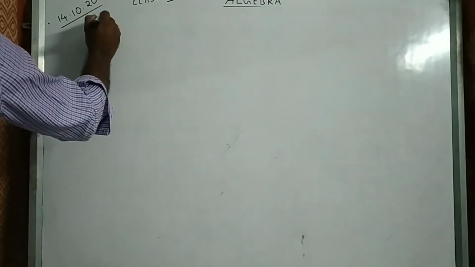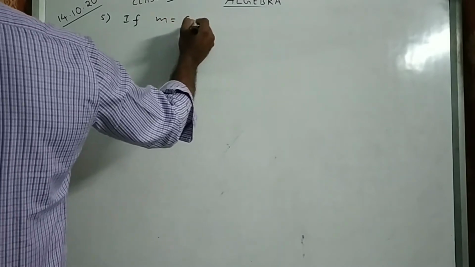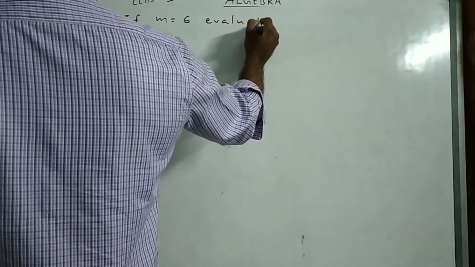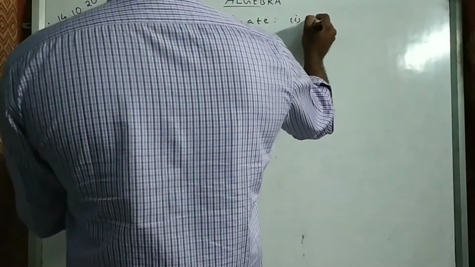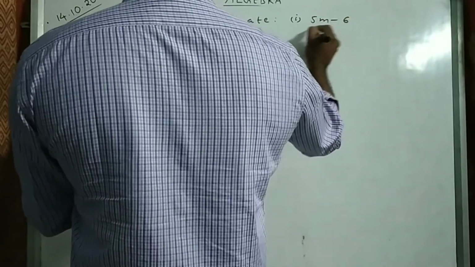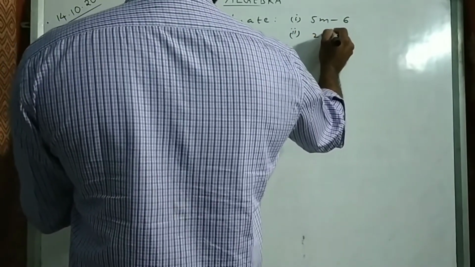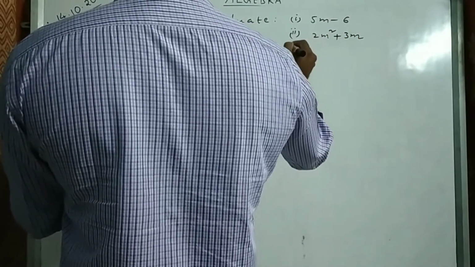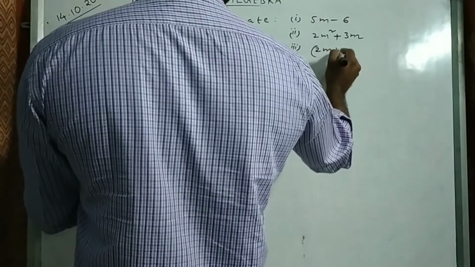If m equal to 6, evaluate: first one 5m minus 6, second one 2m square plus 3m, third one 2m whole square.